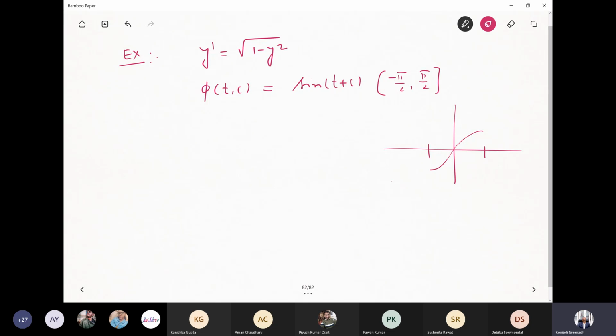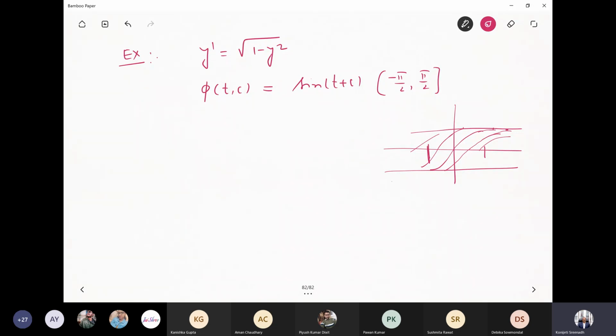It looks like this, and these curves are translated, like this. You see that all these curves touch y equals plus minus 1. Geometrically, that's what we see.